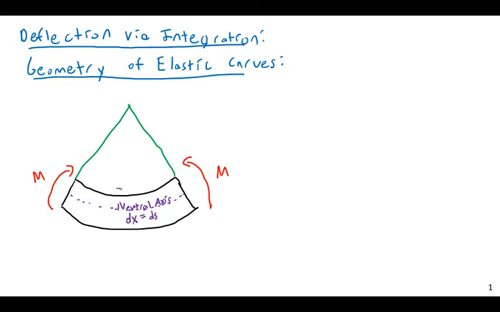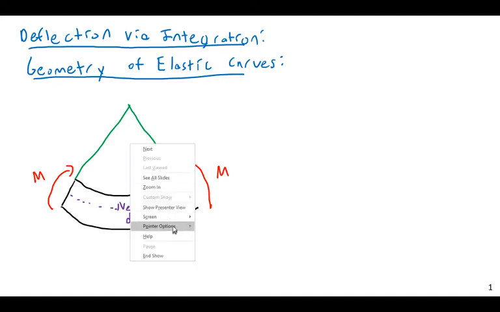If we have anything not at the neutral axis, say right up here, the dx will be greater than ds. Here, dx would be less than ds. But right here at the neutral axis, the actual length of the beam is equal to the arc length. And along with a dx and a ds, I'm going to need a d theta.